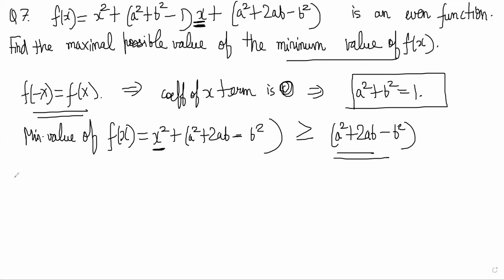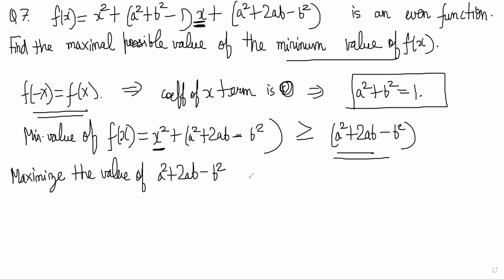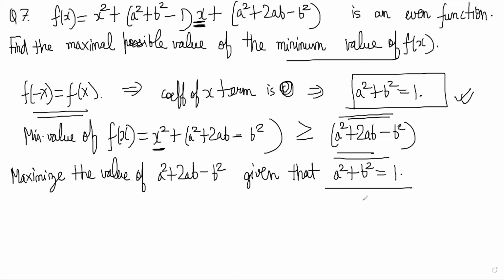So we have to maximize the value of the minima. So maximize the value of a square plus 2ab minus b square, given that a square plus b square is 1, right? This condition has to hold, and in that situation, we have to find the maximum possible value of this.